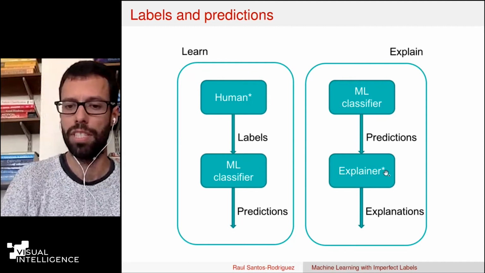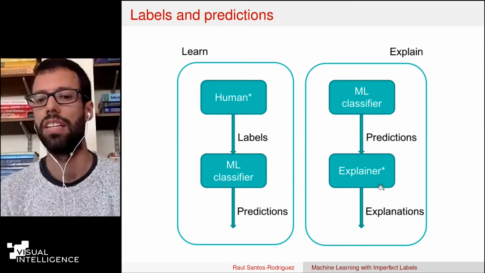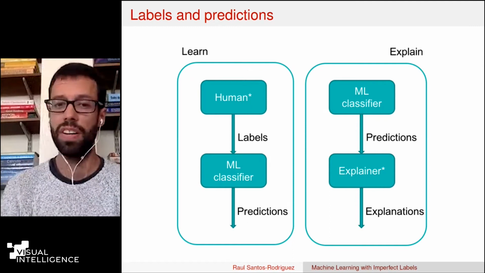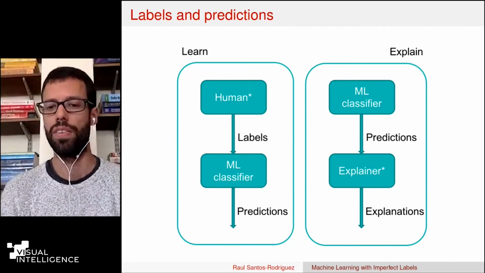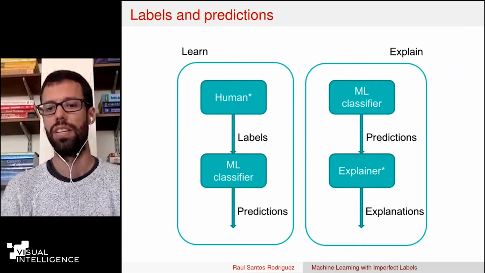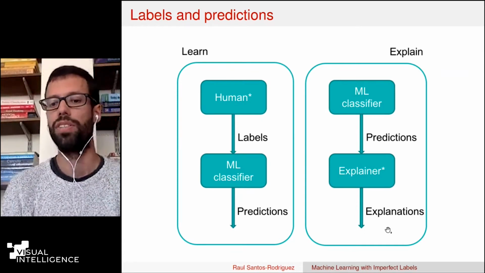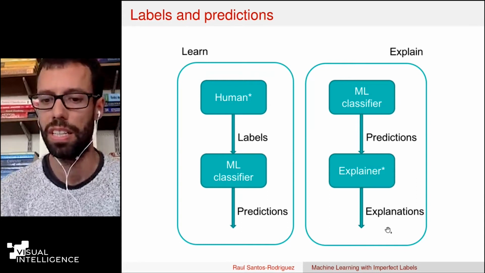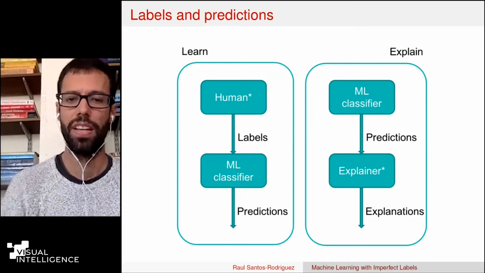So I'm summarizing that here with this box that contains an explainer. The explainer, again, as with the human before, can be either a machine, actually a machine learning system, or a human again. And the output would be explanations that hopefully are human understandable, although in most cases they're still not.